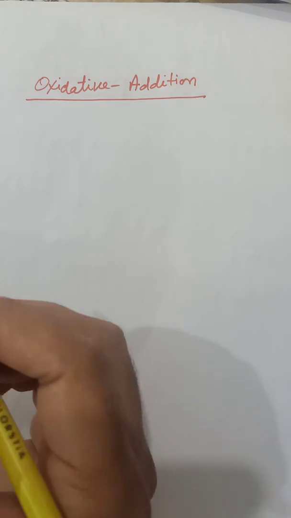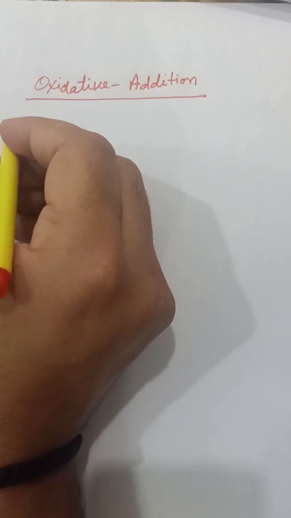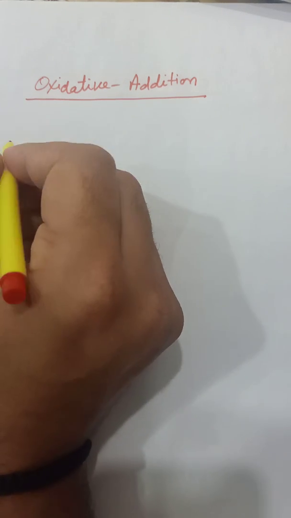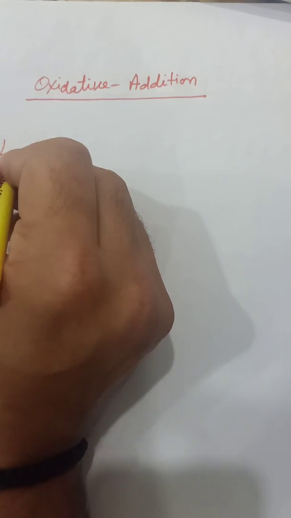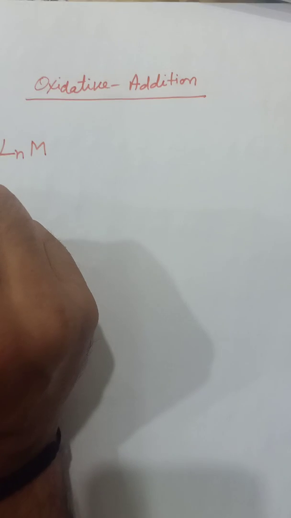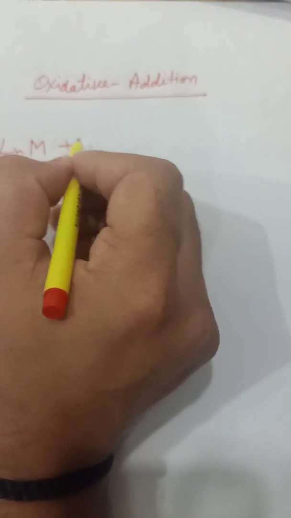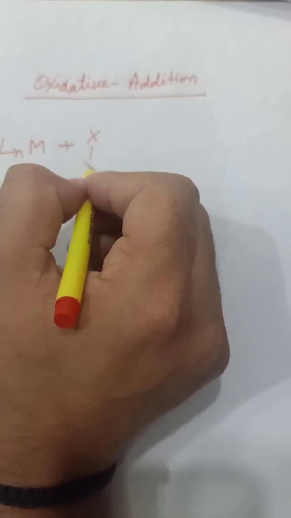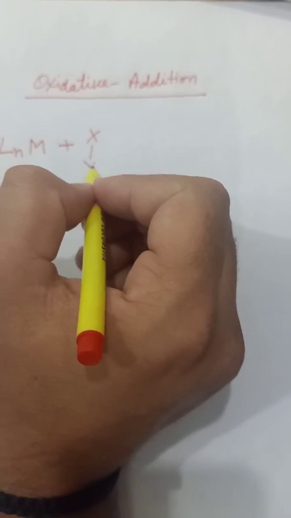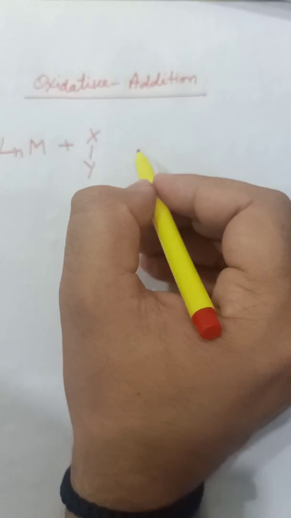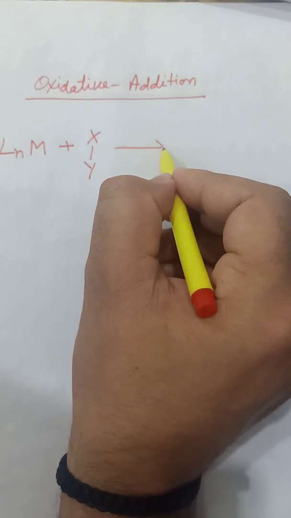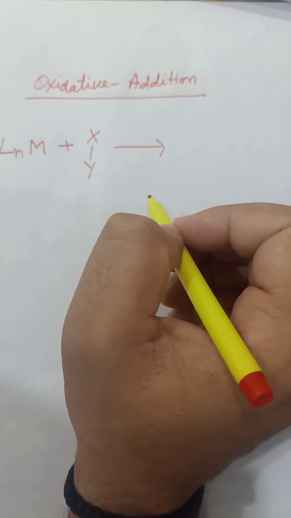Now, what happens here in this oxidative addition reaction? We'll discuss taking an example. Let's say we have this complex LnM, and it is reacting with XY, that is the ligand. So when this undergoes oxidative addition reaction, what happens here?